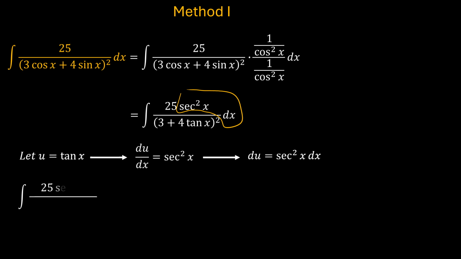And so now our problem in the x domain gets transformed to what we have here in the u domain, which is 25 over (3 plus 4u) all squared. So this is a fairly tractable problem from here.